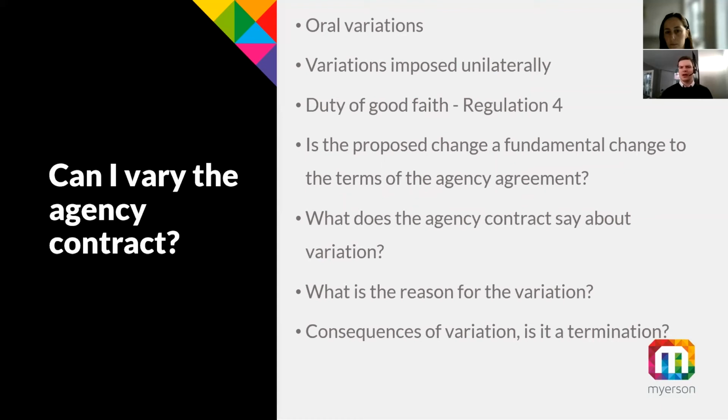For example, many contracts state that variations are only effective when recorded in writing and signed by both the parties to the contract. In any case, when dealing with variations to contractual terms, it's generally best practice to record all agreements, consents, and changes in writing with the agent, and that avoids any challenges in the future.